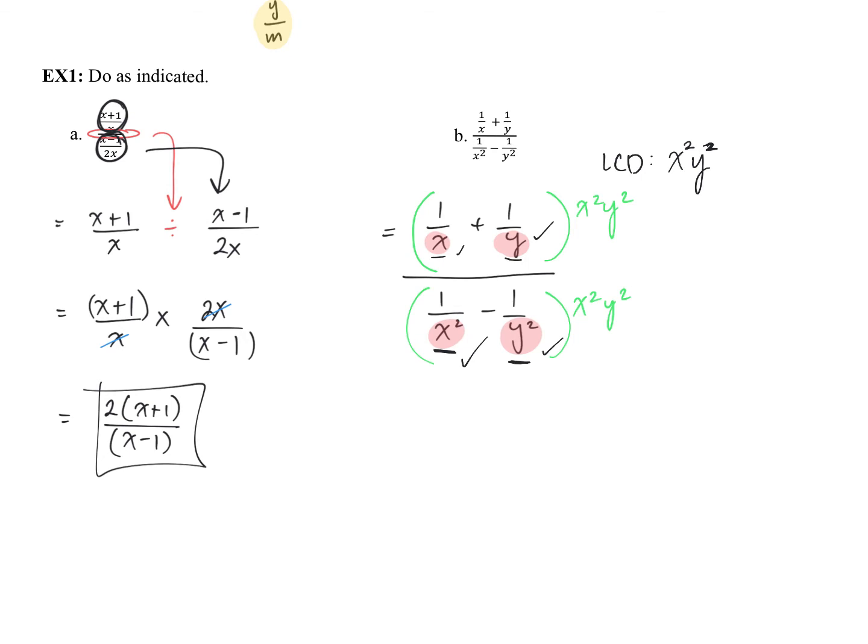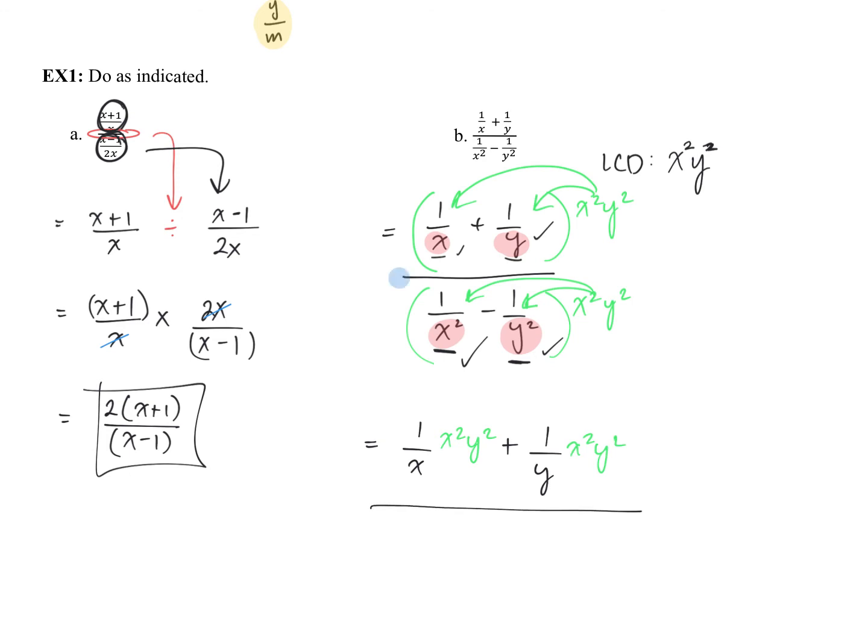Alright, and once we do that, we'll go ahead and distribute this into each of the mini fractions. There's a lot going on, so take your time, pause the video if you need to. So we have 1 over x times x squared y squared plus 1 over y times the x squared y squared all over, and this is that big fraction from right there.